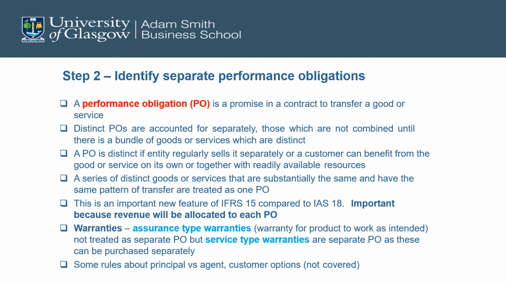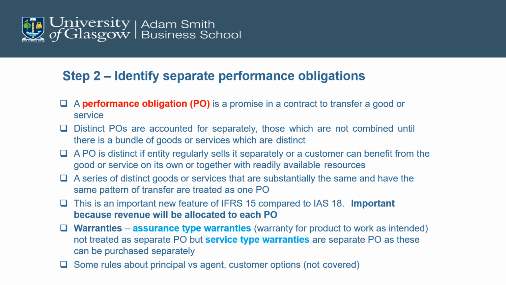Step 2, identifying separate performance obligations. A performance obligation, also known as a PO, is a promise in a contract to transfer a good or service. Distinct POs are accounted for separately, and those which are not distinct are combined until there is a bundle of goods or services which are distinct.